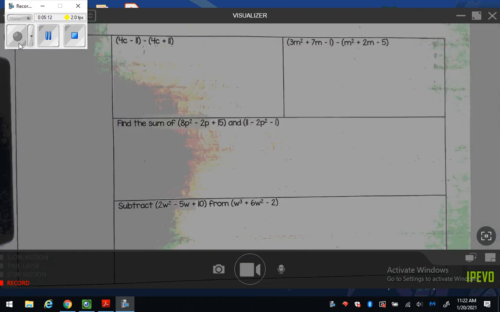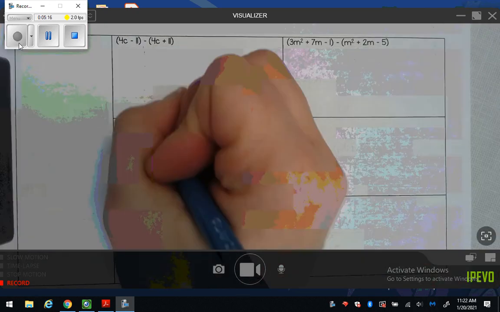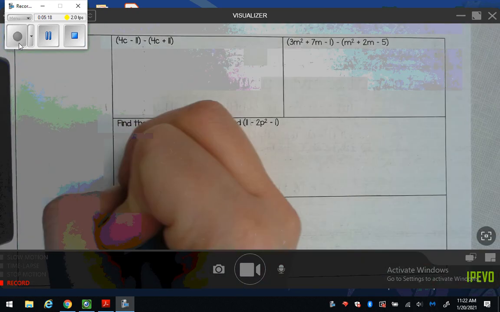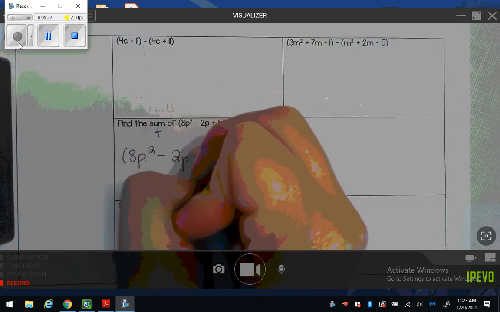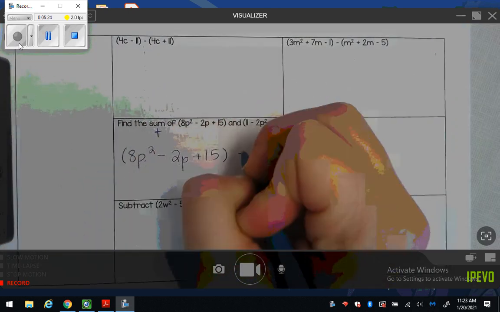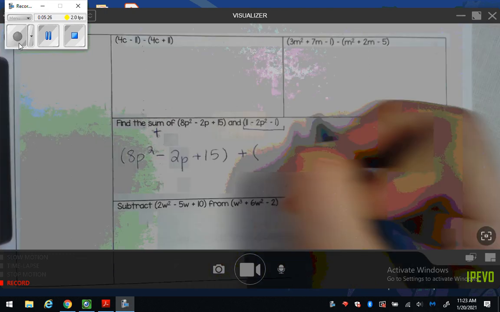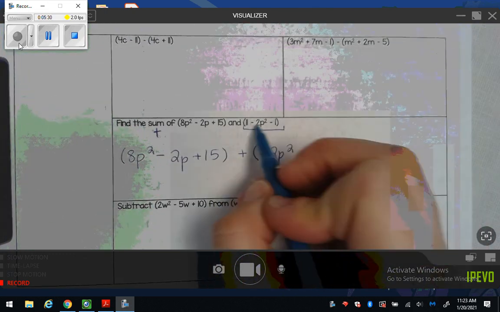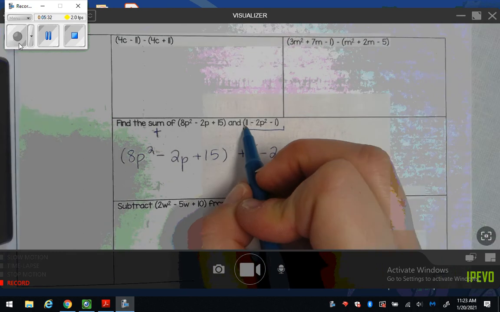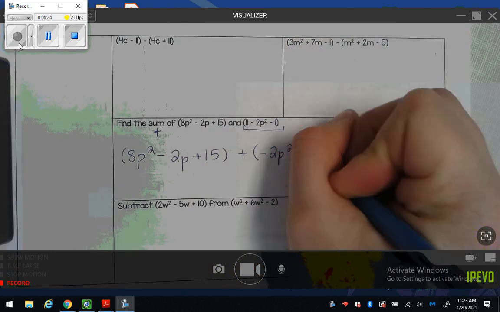And make sure we understand if it's written as kind of like a word problem. Find the sum. Make sure you remember that. So you're going to add. So you're going to have 8p squared minus 2p plus 15. And I'm going to add that to, I'm going to put this in standard form immediately. Negative 2p squared. And now I have like terms in here, so be careful. 11 minus 1 is 10.